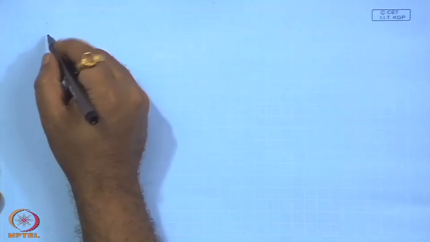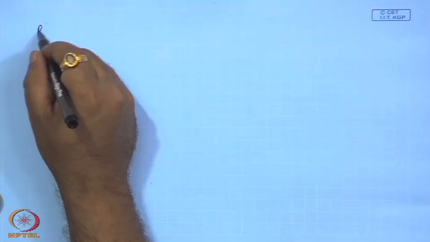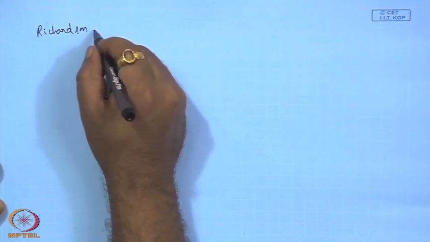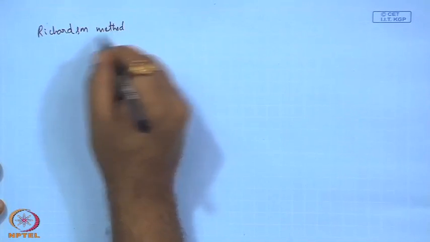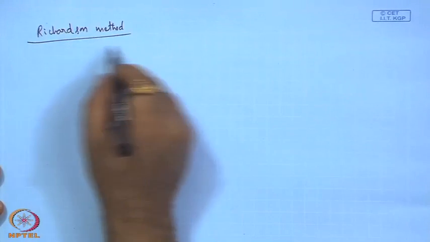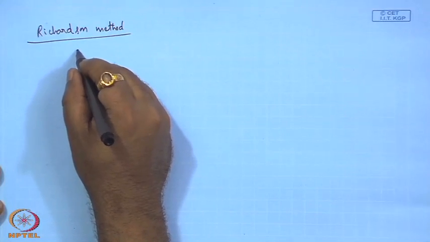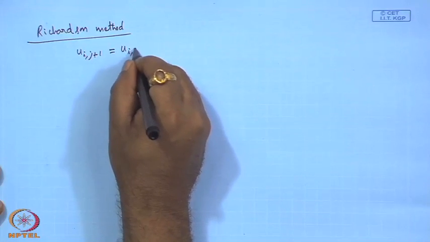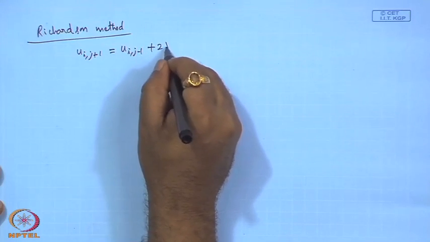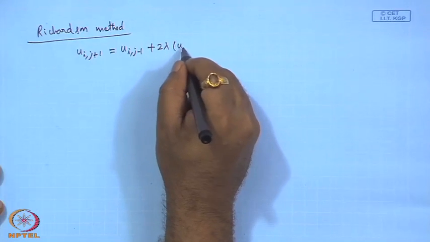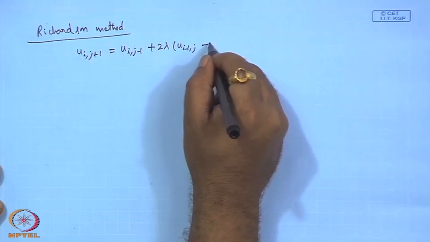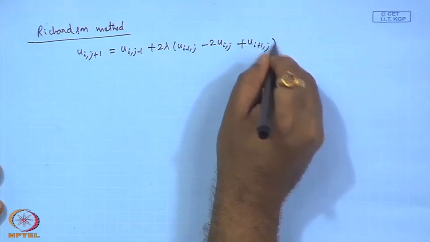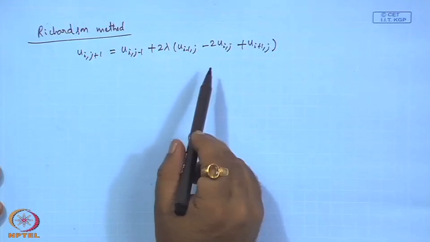Okay. So, let us check Richardson method. We have discussed these methods. So, now we are talking about stability analysis. So, this is Richardson method.